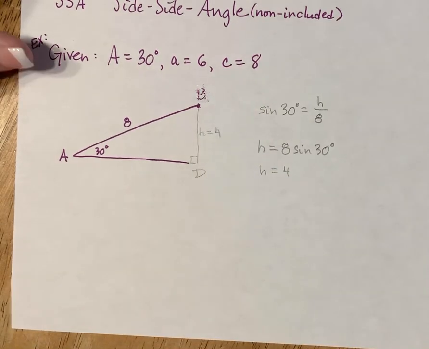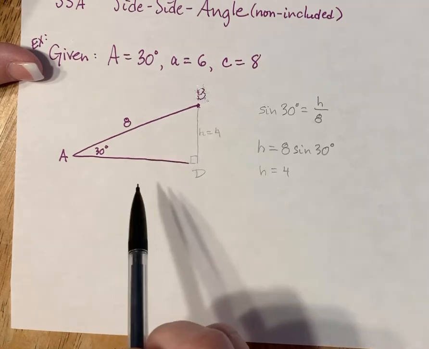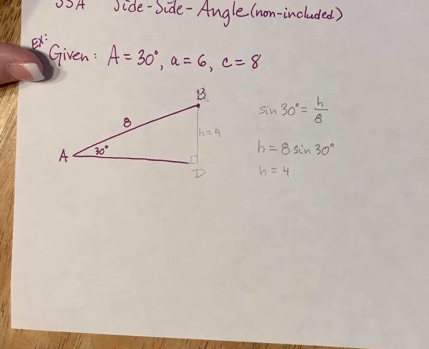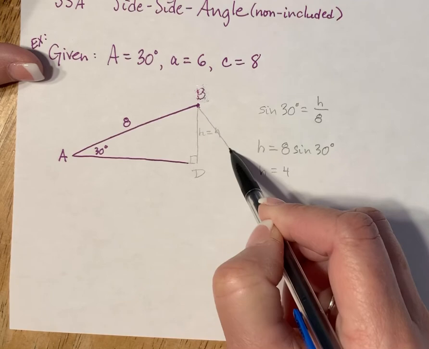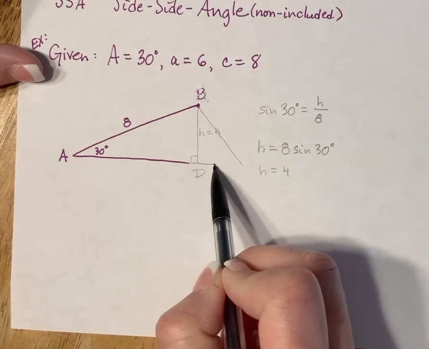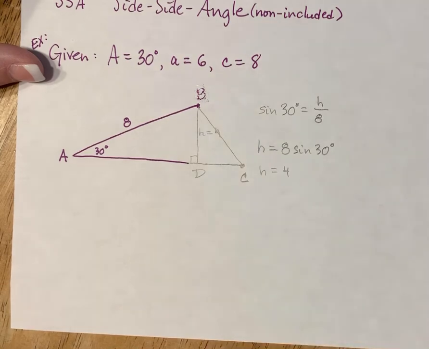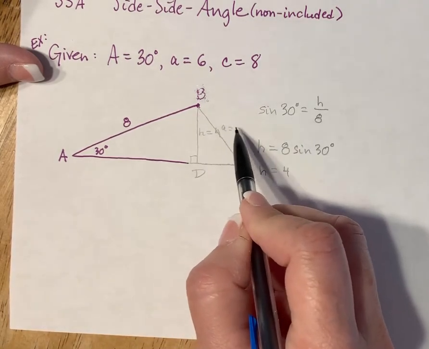Okay, so what this shows us, since we have that's 8, that's 4, the side A that measures 6, it could be drawn in this direction here. We're going to extend and put the vertex C here, right? And then this side here would be little a, and that would be 6.